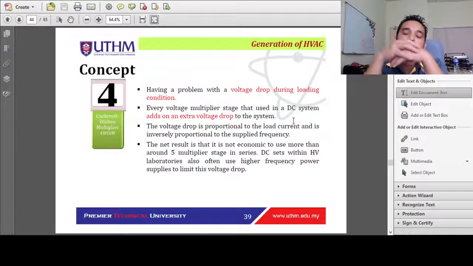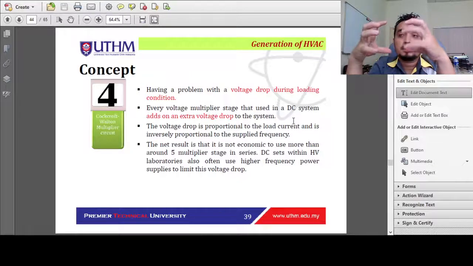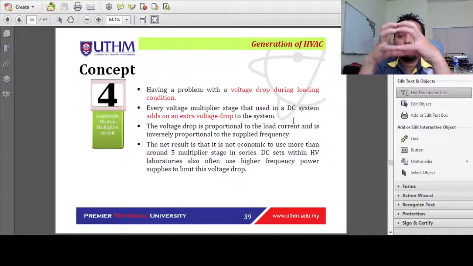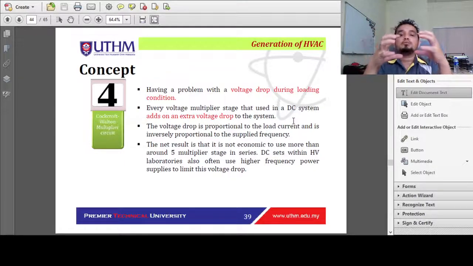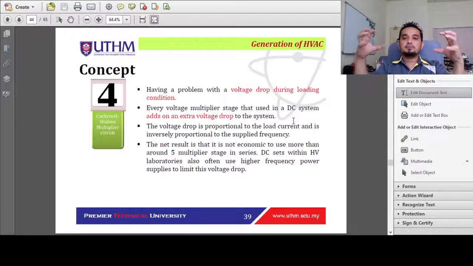Each circuit will have its own voltage drop. If we combine 1, 2, 3, 4 and 5, we will have multiple voltage drops that lead to a relatively high voltage drop at the output.